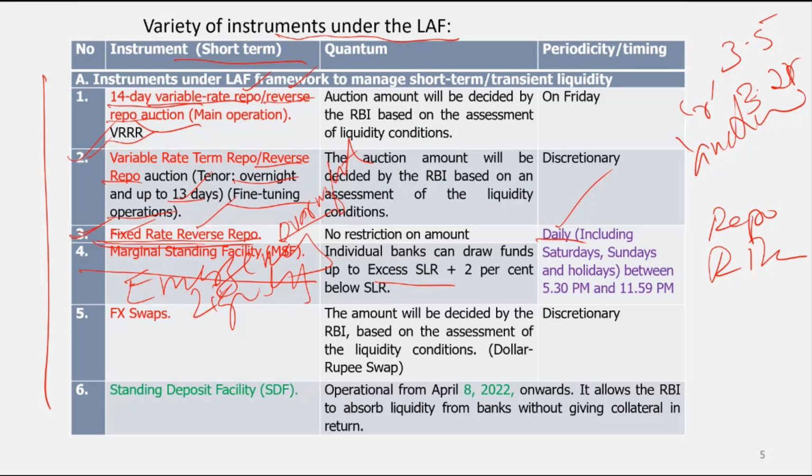In that case they cannot get the ordinary facilities, so they can use the marginal standing facility. Remember, the interest rate is higher than the repo rate. This emergency liquidity facility is operational daily, including Saturdays, Sundays and holidays.